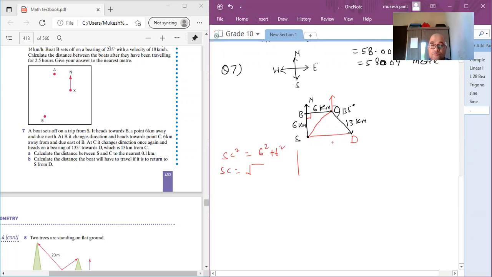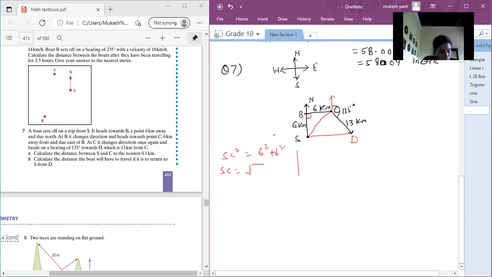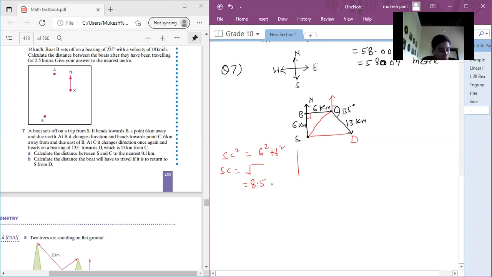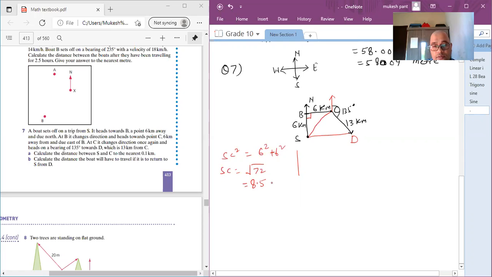Okay. So it's 8.5. Because it's the root of 72, not the square. Okay, so 8.5. Thank you. Now we need to find this angle.